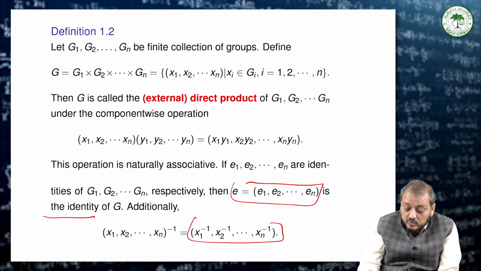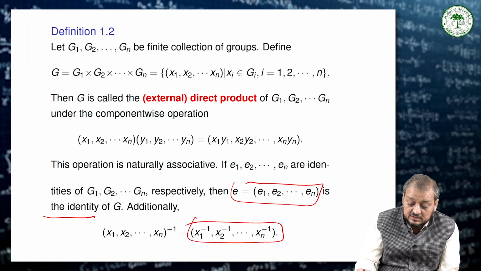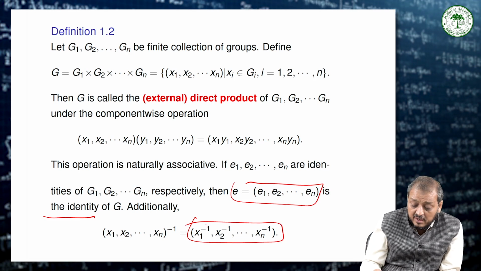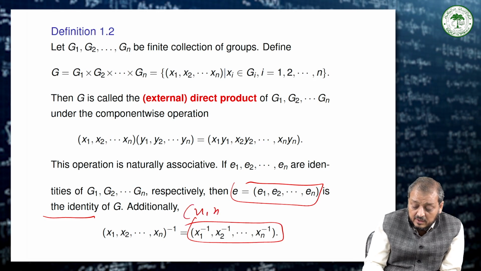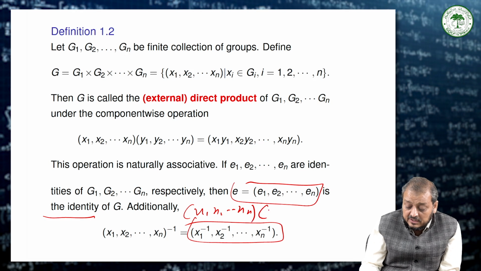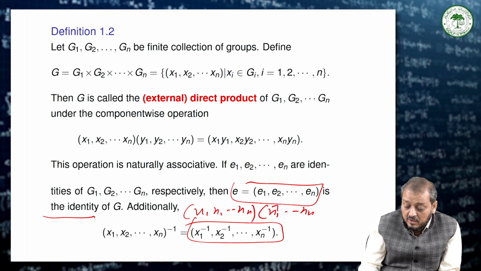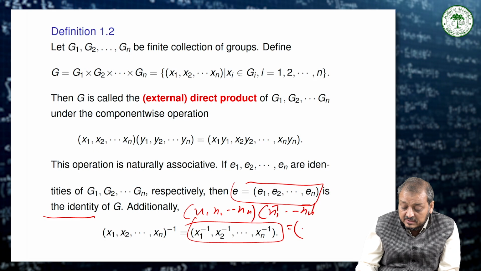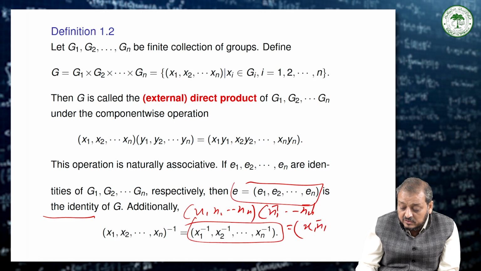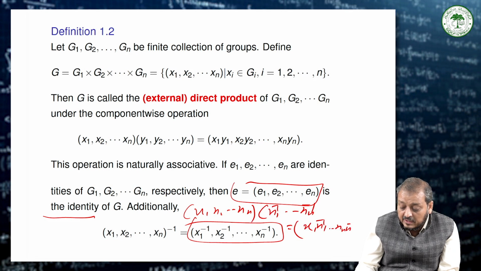Similarly we can check the inverse. Take x1, x2, up to xn, and x1 inverse up to xn inverse. Then this can be written as x1 x1 inverse, and so on, xn xn inverse.